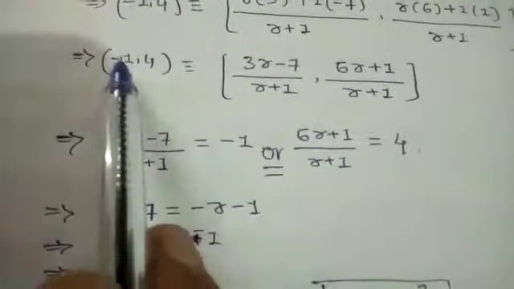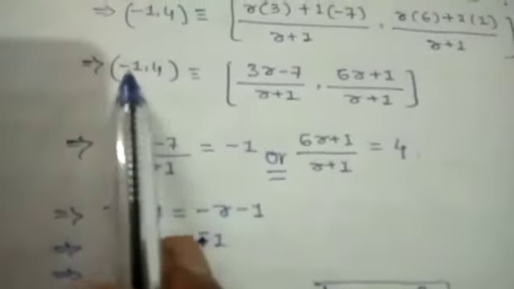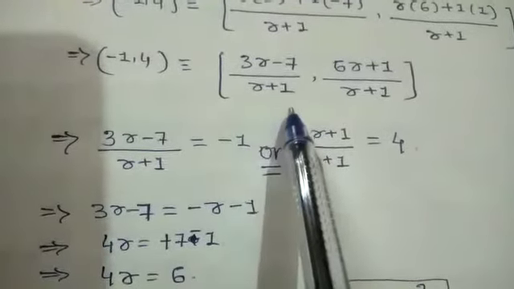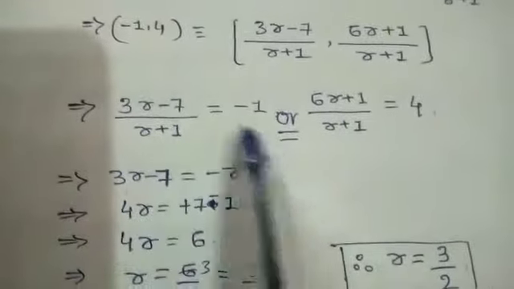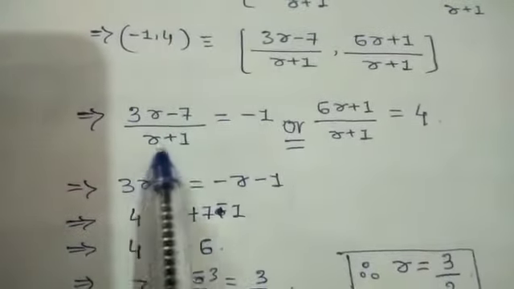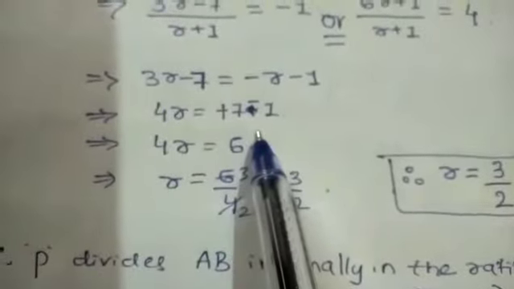Let us compare the x coordinate: -1 equals (3r minus 7) divided by (r plus 1). By cross multiplying, 3r minus 7 equals minus r minus 1. Take r to the LHS and -7 to the RHS. So it becomes 4r equals 7 minus 1, that is 6.